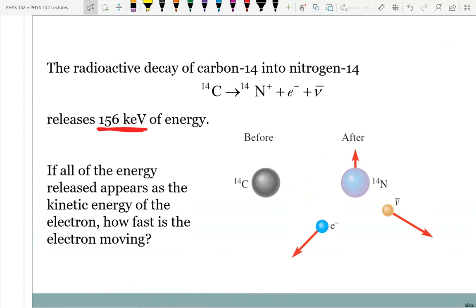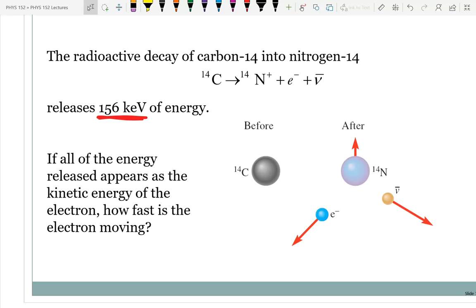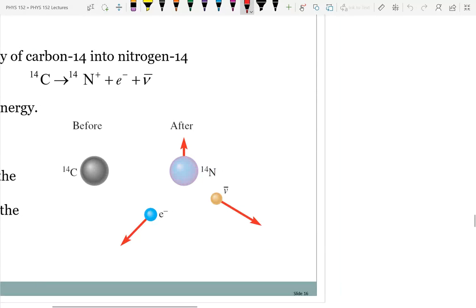It says the radioactive decay of carbon-14 to nitrogen-14 releases 156 kiloelectron volts of energy. If all the energy released appears as the kinetic energy of the electron, how fast is the electron moving? If I have an electron with a kinetic energy of 156 kiloelectron volts, how fast is it moving? What do I need to do?